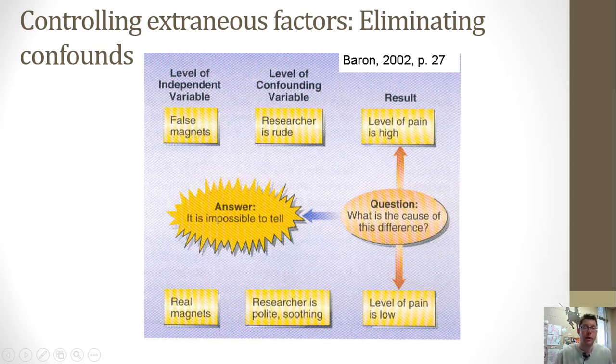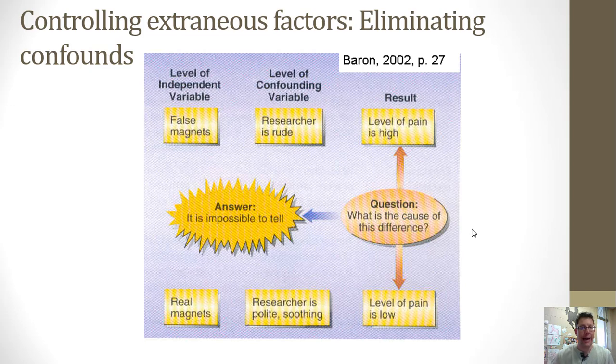Well, the problem is we've got a confound. We don't know, are the results due to the magnetic bracelet, or are they due to the way the researcher treated the participants? And this is why we typically like to have the person running the study or interacting with the participants be so-called blind to condition.